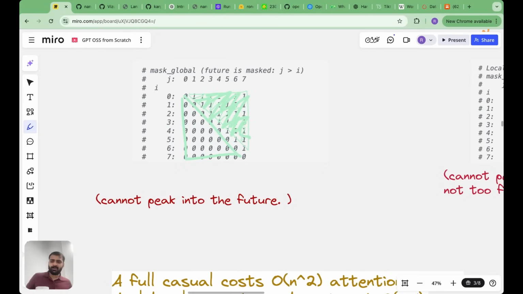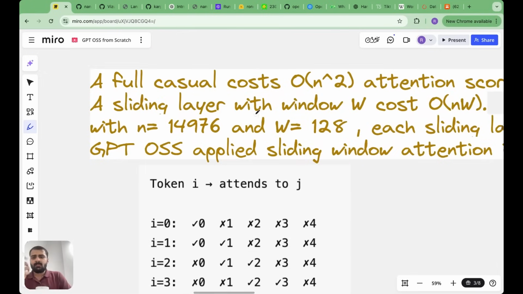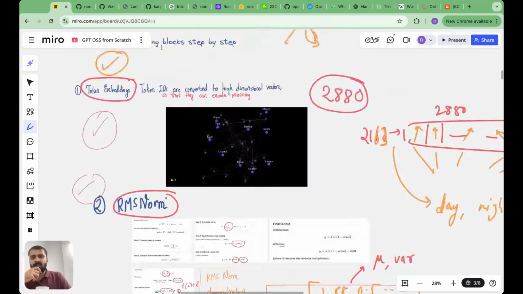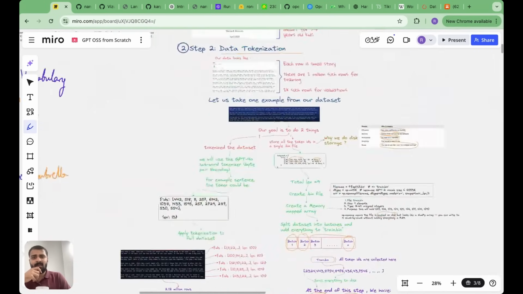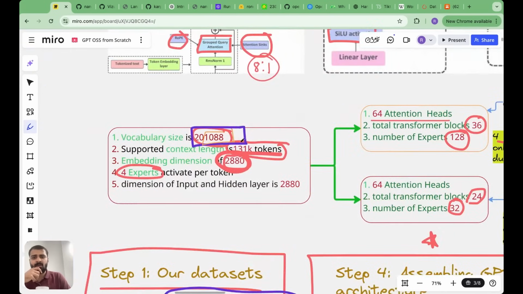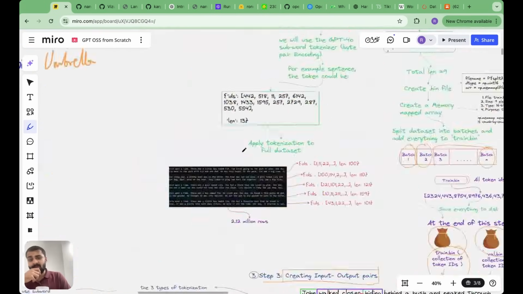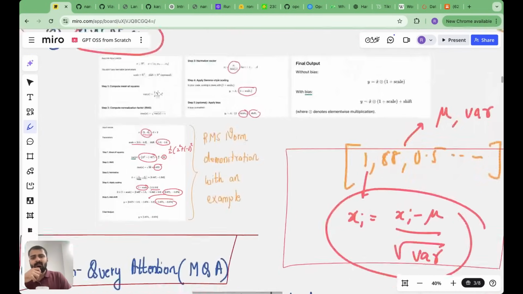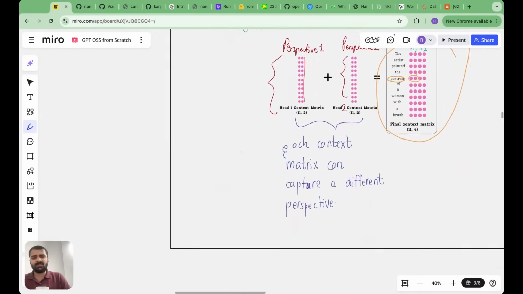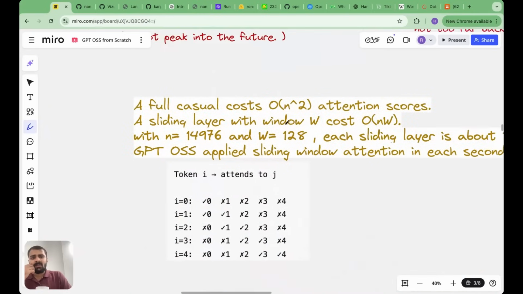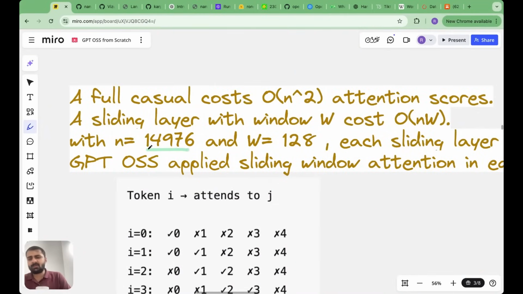And the context window which they use is actually a huge context window. It's around 131,000. So even if you take a random context window which is slightly smaller than this, it will be n square, right? That's a lot of computations which need to be made.